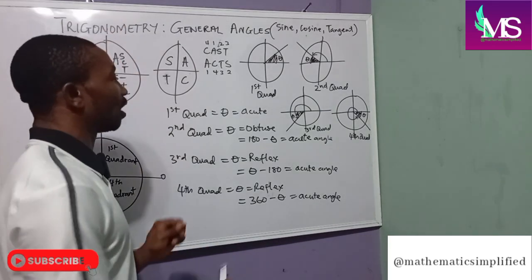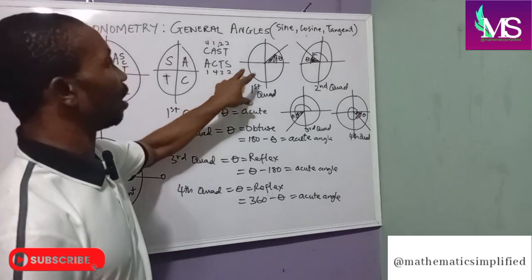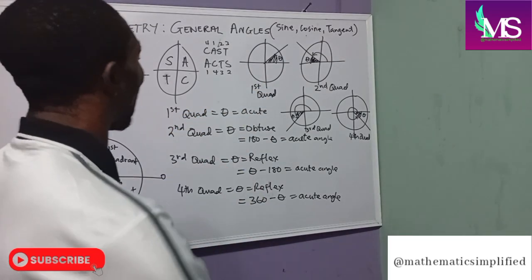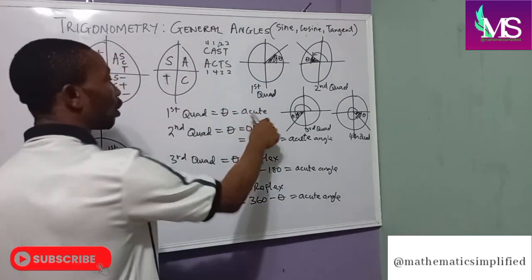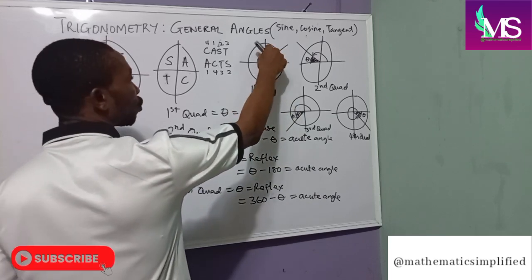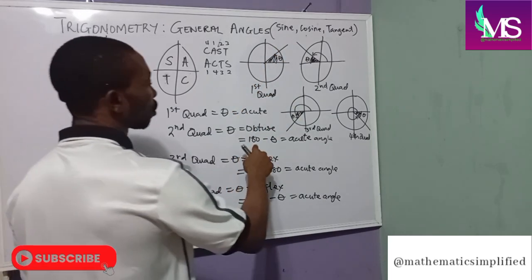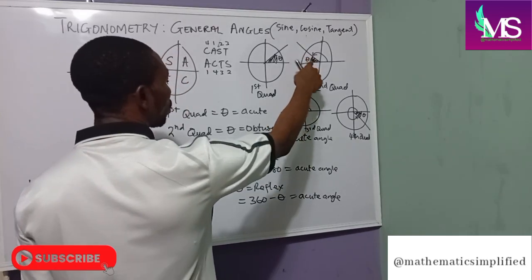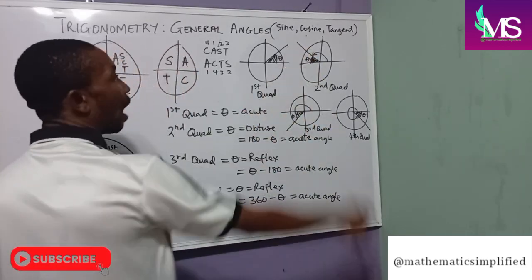So when you're calculating your theta, this is how to calculate the acute angle for each quadrant. In the first quadrant, all our angles are acute, so it falls between 0 and 90 degrees. In the second quadrant, the acute angle is 180 minus your given angle.